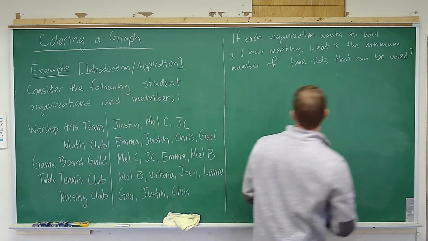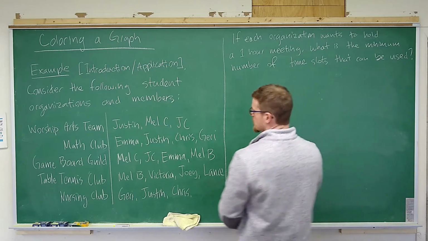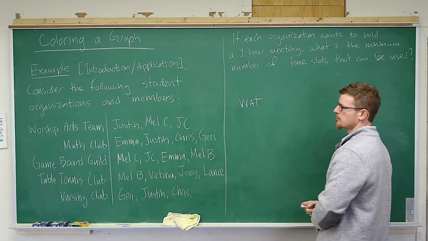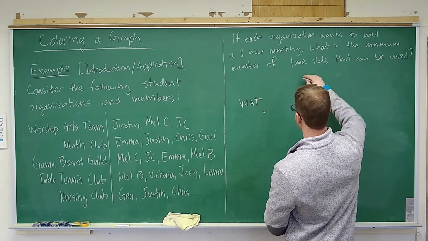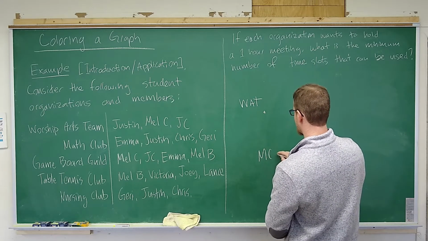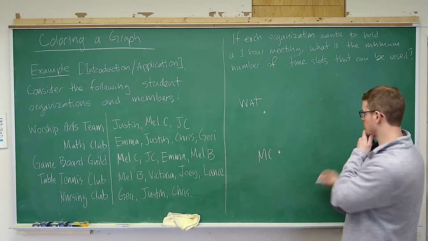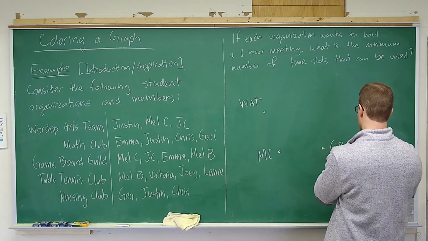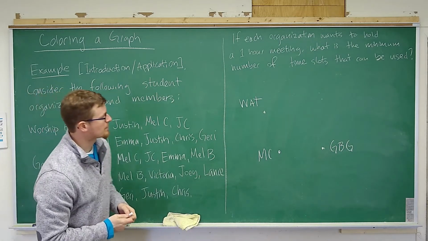So what we want to do is create a graph to represent our situation. We're going to take a look at the Worship Arts team, and the Math Club. Let's put Math Club down here. And we will look at the Game Board Guild. Now we also have the Table Tennis Club and the Nursing Club.